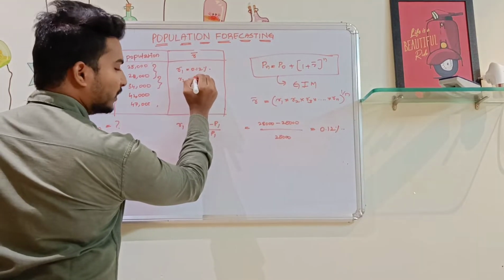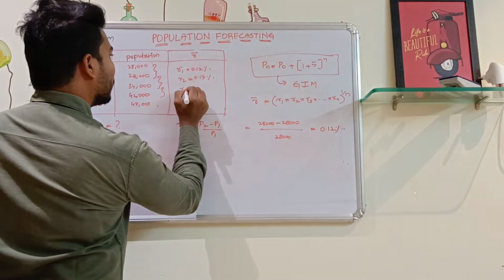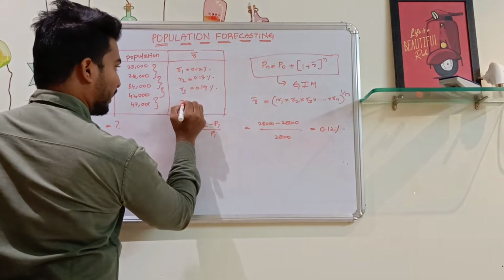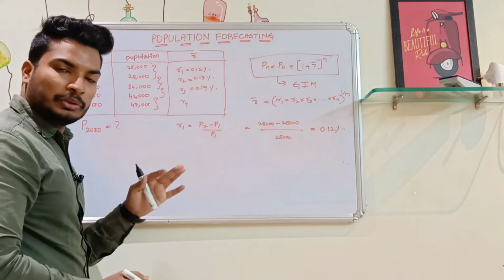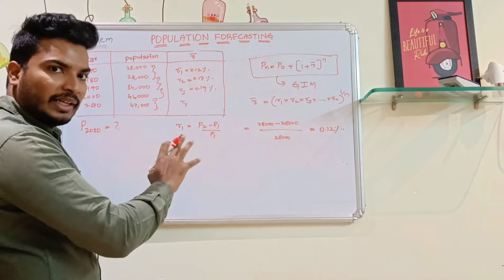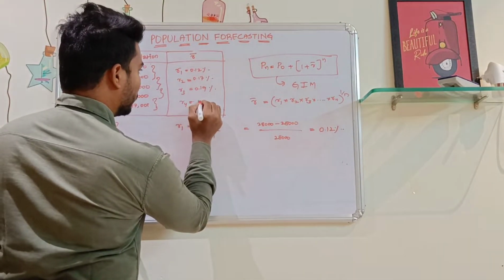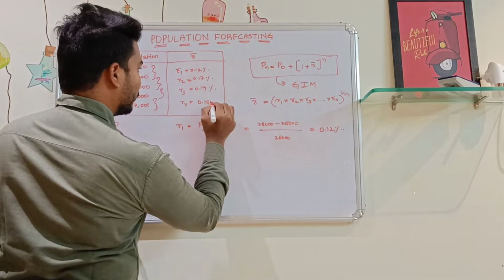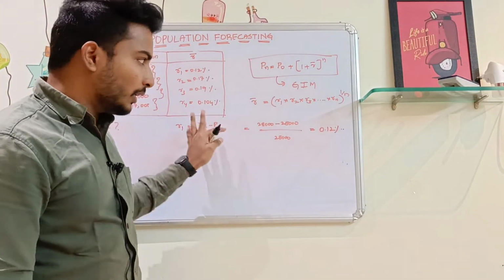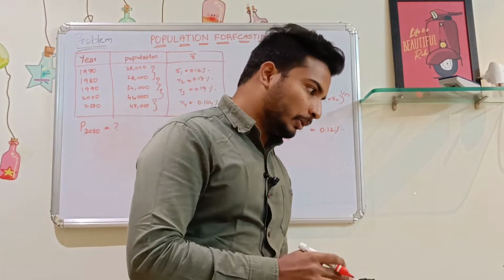R2 is equal to 0.17%, R3 is 0.19%. I'm calculating directly, you just calculate using the calculator, because I have already solved the problem. So I'll be directly writing the values. You can just cross check it. R4 is equal to 0.104%. So these are the different R values. R1, R2, R3, R4 is the percentage rate of increase in the population.